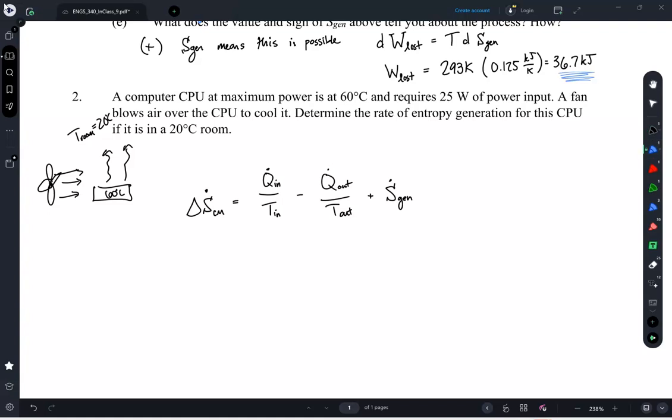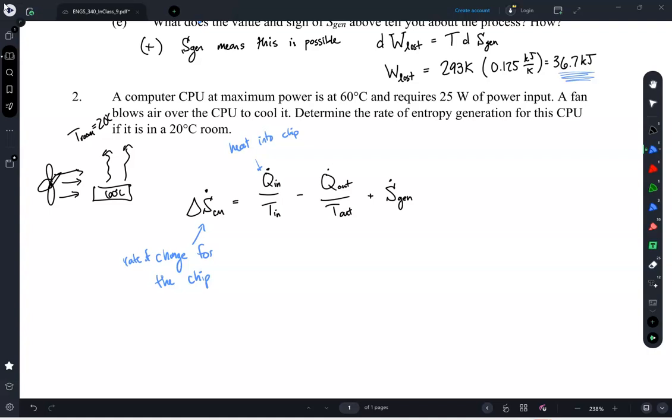Again, just to walk through this in a little bit of detail, this is the rate of change for the chip, for our computer chip itself. How is the computer chip itself changing entropy? This would be heat into the chip. So we have electricity flowing into the chip, 25 watts of power, but that's not heat.